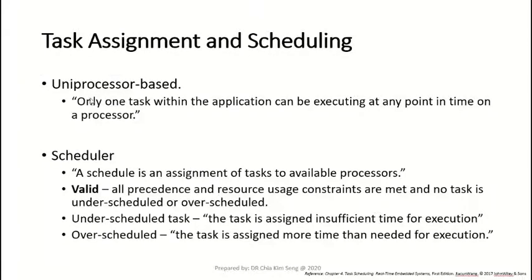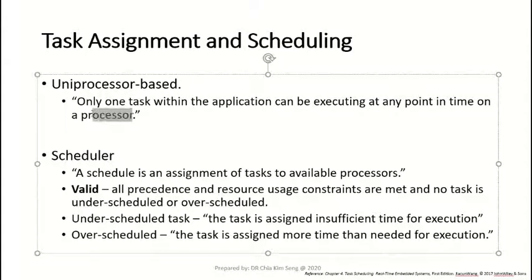Again, in our scope, we focus on the uniprocessor. This means that only one task can be executed at any point in time on the processor, because there is only one processor. Compared to your smartphone, which may have 8 cores, this means the 8 processors can do 8 tasks at the same time. But for the Arduino, for example, it's a uniprocessor.